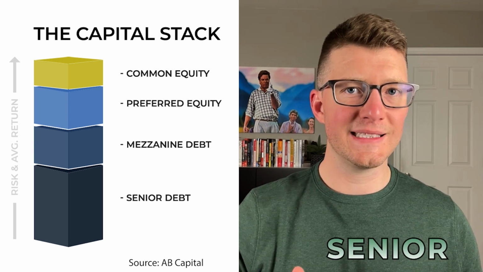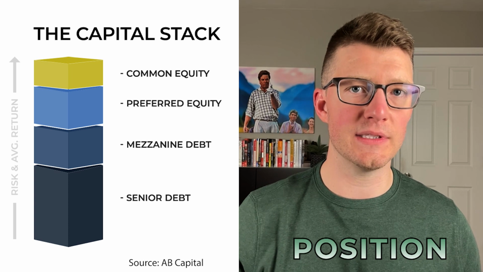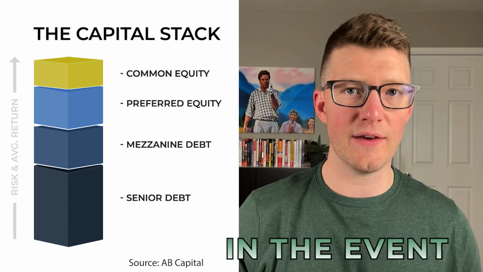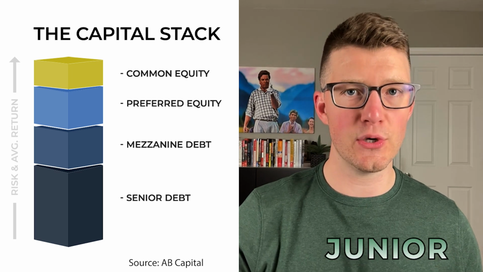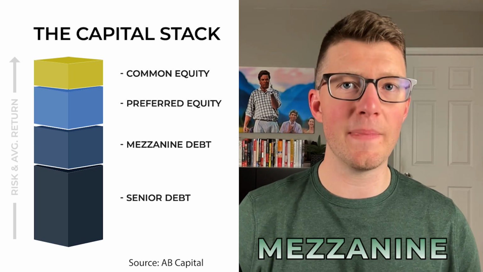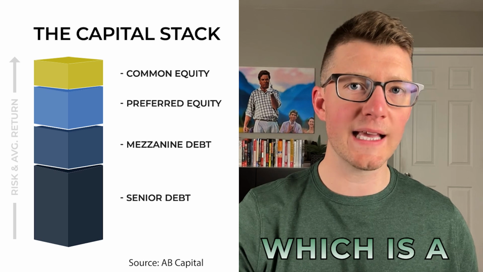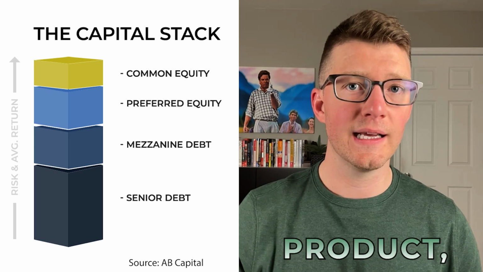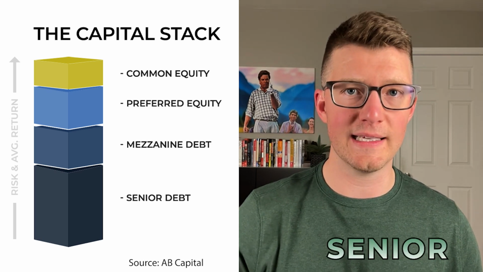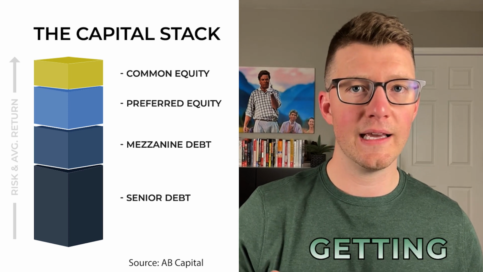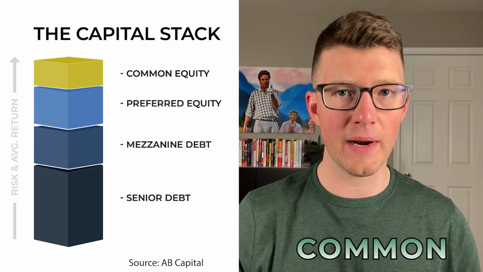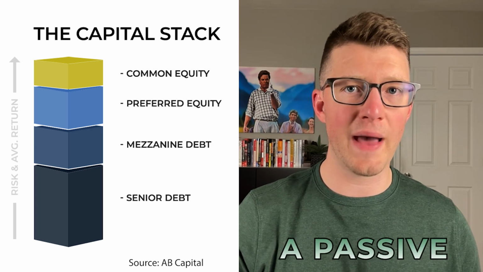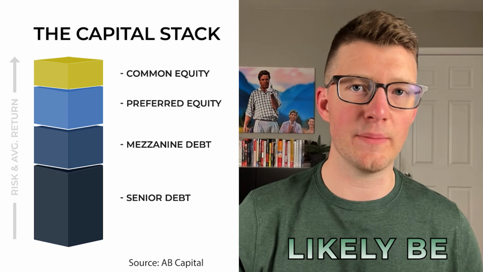Starting at the bottom, senior debt is in the least risky position and is paid back first in the event of a sale, refinance, or foreclosure. Next is junior debt, or what they note here as mezzanine debt, which is a type of junior debt product, and that's second in priority to the senior debt. And finally, getting into our equity pieces, we have preferred equity and common equity, which is what you, a passive investor, will most likely be investing in.